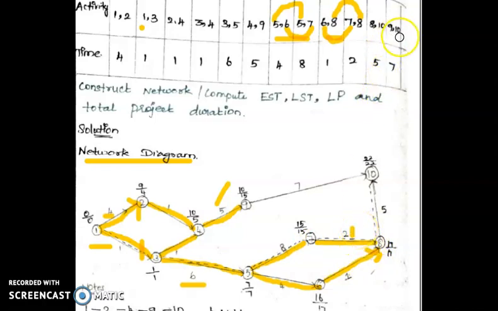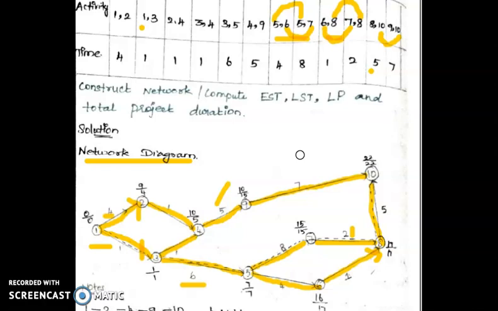Finally we have one destination node, 10, with 2 different source nodes. So we can draw 8 to 10 with the value of 5, and 9 to 10 with the value of 7. This is the first step.